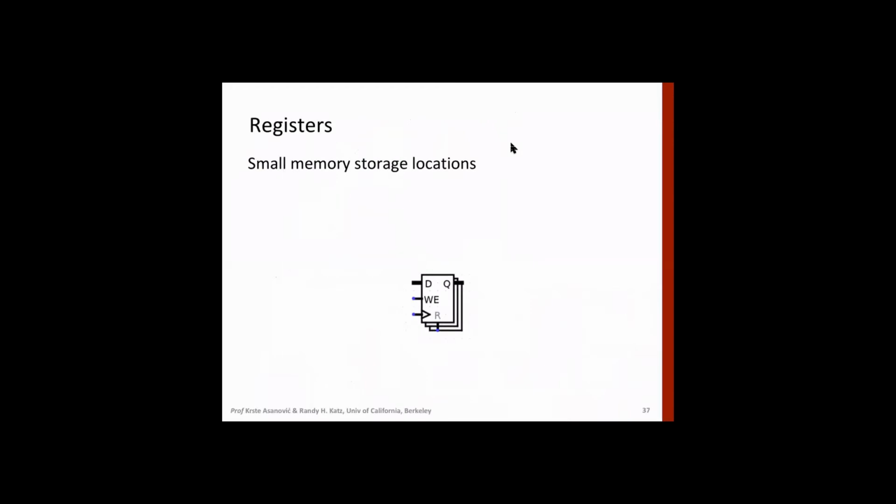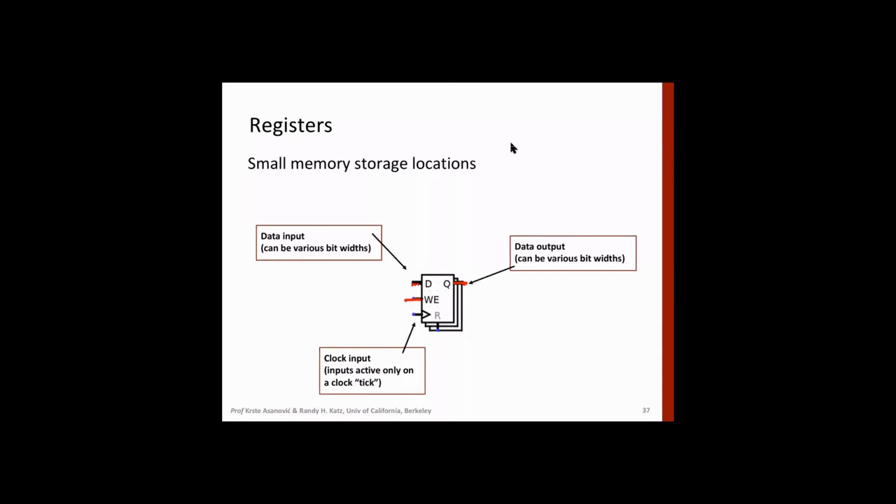Before that, let's look at registers. We have already studied registers, which are nothing but a combination of flip-flops, but there are certain notations that we are going to use here. This is the data input, D. This is the data output, which is Q, and then we have write enable, and then there's a clock, and there is a reset.